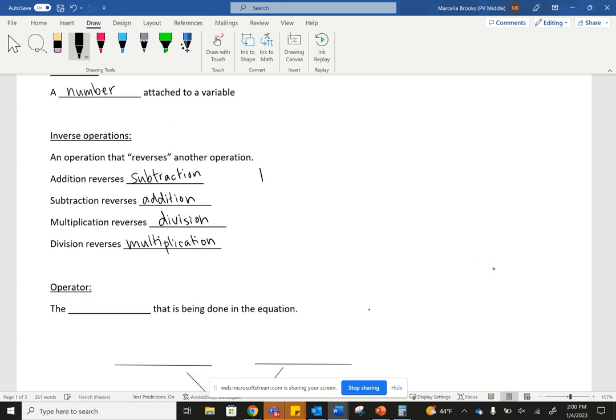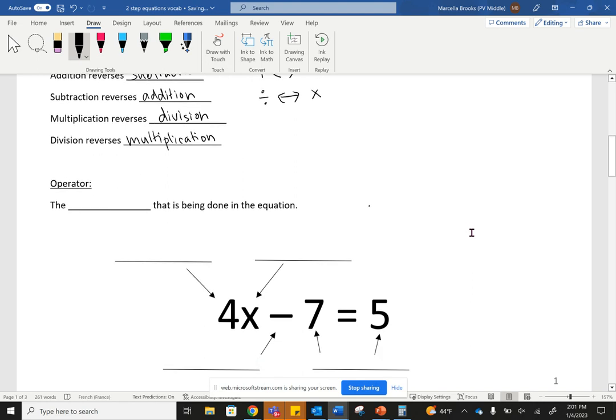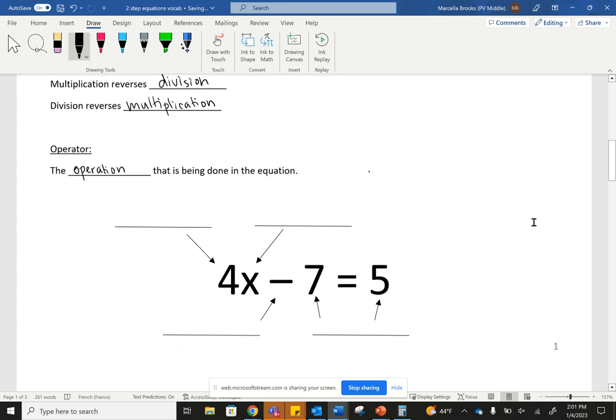So the inverse of addition is subtraction, and the inverse of division is multiplication. The operator is the math that's being done in an operation. So it's the operation that is being done in an equation.